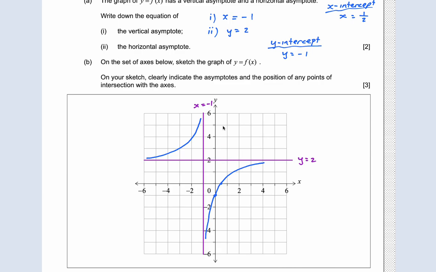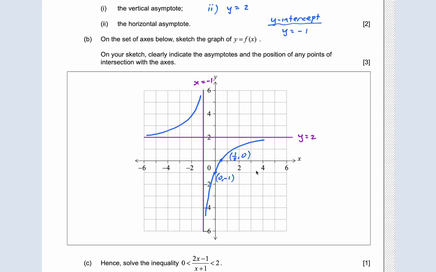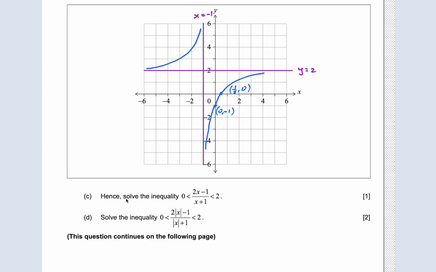That will give me the full marks. And actually, guys, sorry, it says on your sketch indicate, so I should really say (0, -1), and this guy is (1/2, 0). Okay. It says hence solve the inequality.